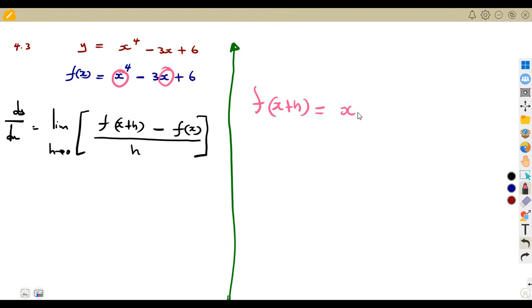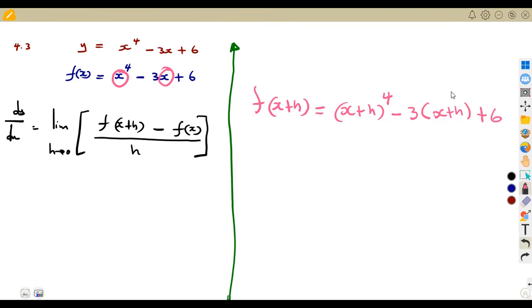So it is going to be x plus h to the exponent of 4, minus 3 into x plus h. This is just x, we do not have an exponent, just exponent of 1. Then the 6, there's no x, so it just remains as plus 6. So this is our f of x plus h.